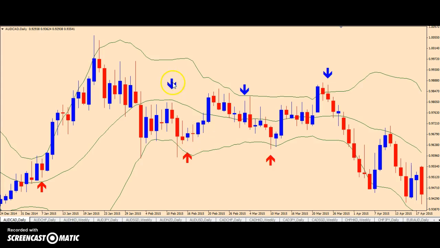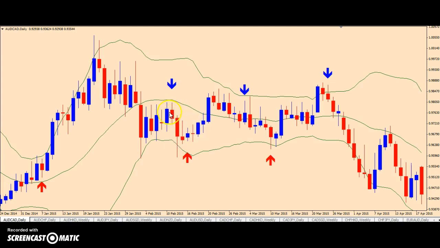So we take this one for example, back in beginning of February. We got a sell signal. Now I'm looking at these candles, and I'm looking for an inside or an outside bar. This is what we call an inside bar, where the open and close is within this body.